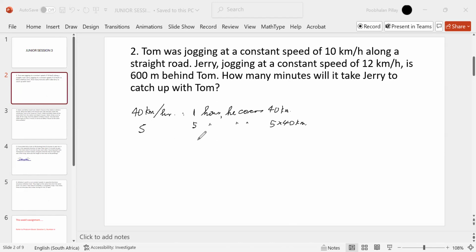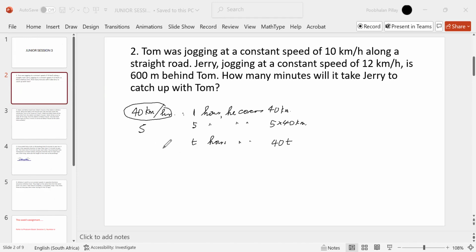And if you say T for time, T hours, you will cover in 1 hour 40. So in T hours, it'll be 40 times T, which we write as 40T. See? So this is your speed.